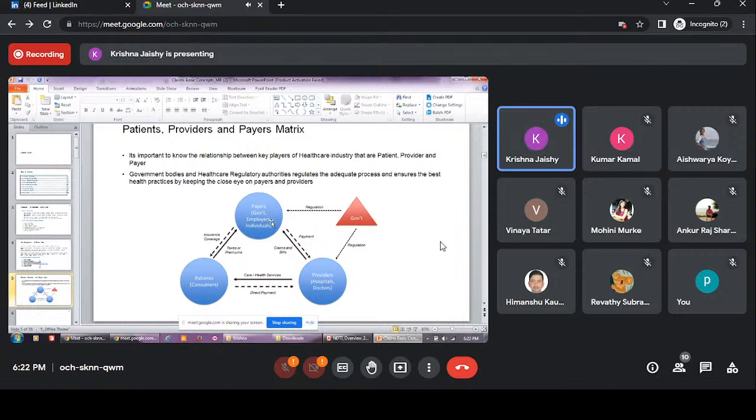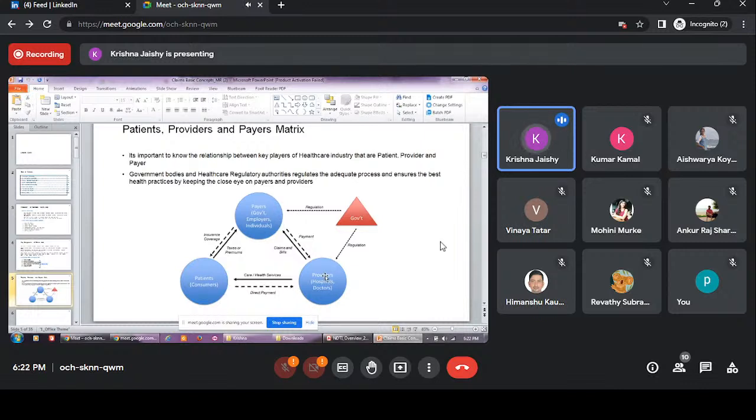When the process starts, they send it to the health insurance company, they evaluate it quickly and send it back before the patient leaves the hospital. This is how quick health insurance has become.